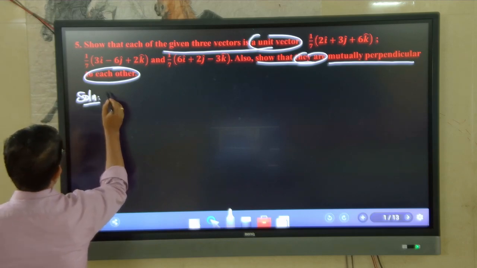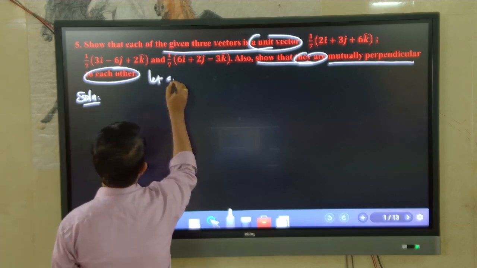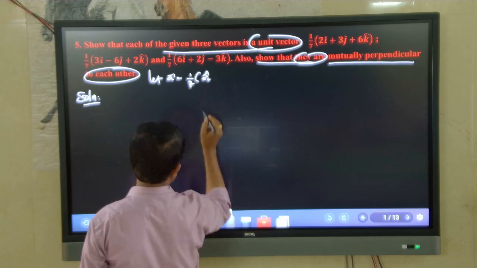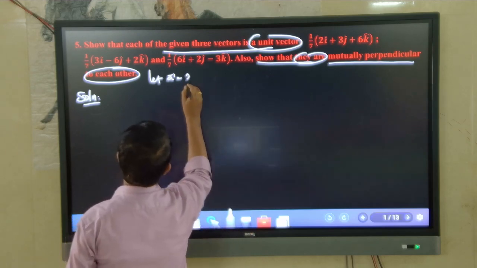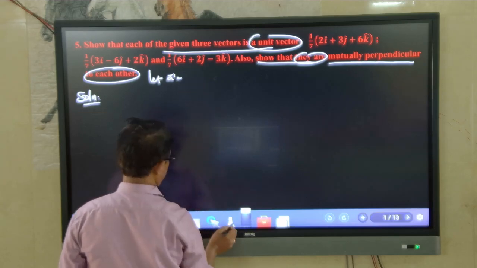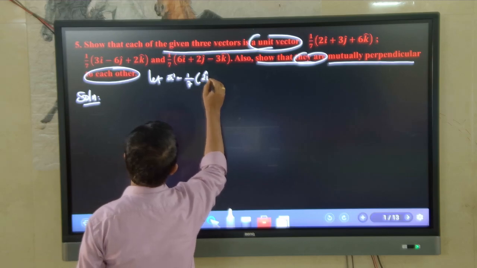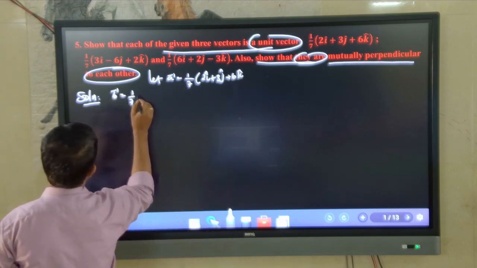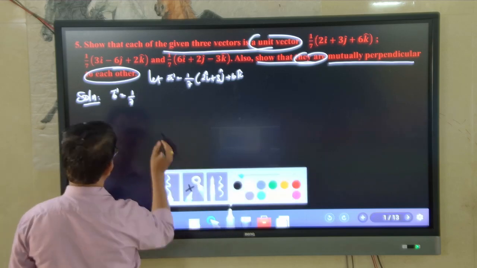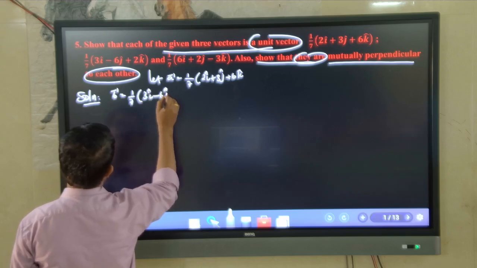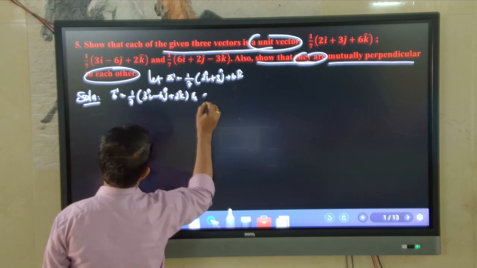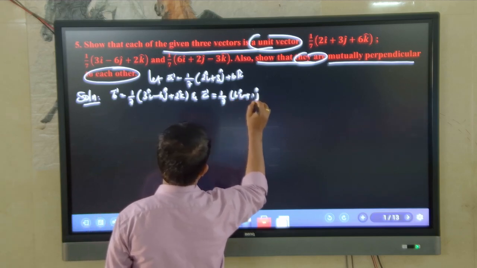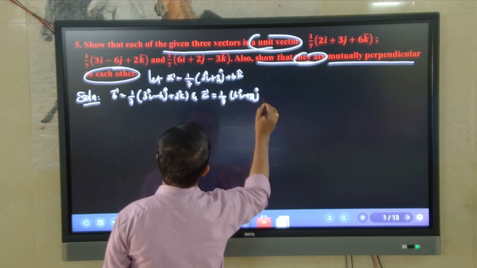Solution. I will take the given vectors as: let A vector equal to 1 by 7 into 2i cap plus 3j cap plus 6k cap, and B vector equal to 1 by 7 into 3i cap minus 6j cap plus 2k cap, and C vector equal to 1 by 7 into 6i cap plus 2j cap minus 3k cap.